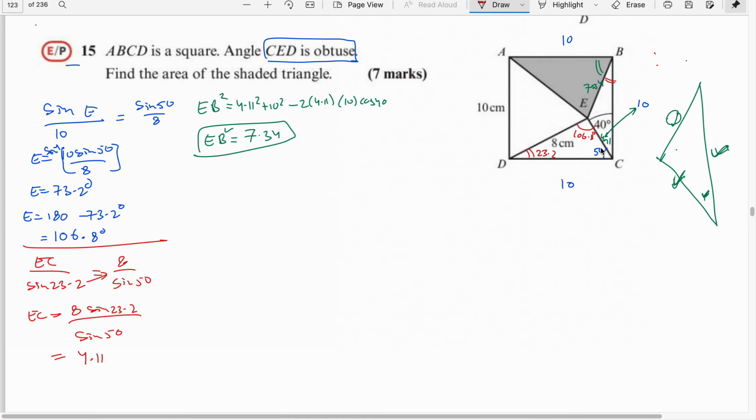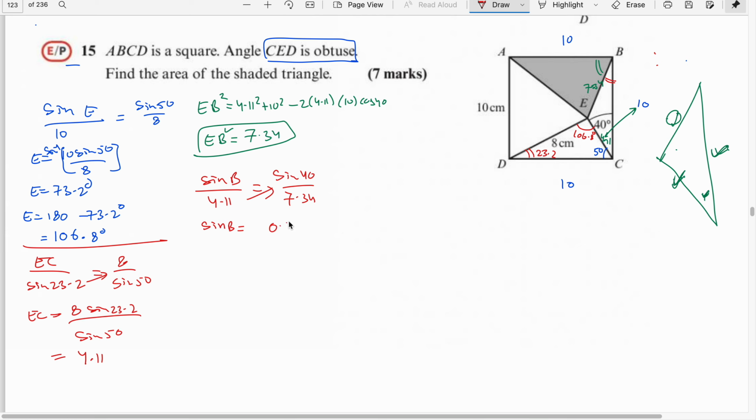Now when I have this length, I can go for angle B. For this angle B, I have this opposite side which is 4.11. So sine B over 4.11, one pair, and the other pair is this angle 40 degree and 7.34. So sine of 40 and 7.34. So sine B is equals to 4.11 into sine 40 divided by 7.34.